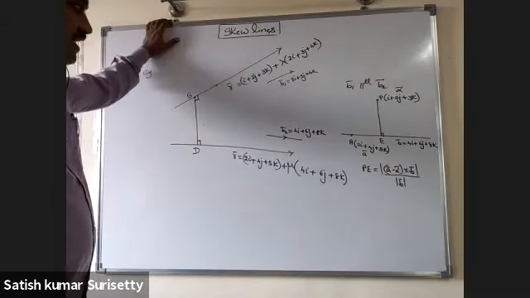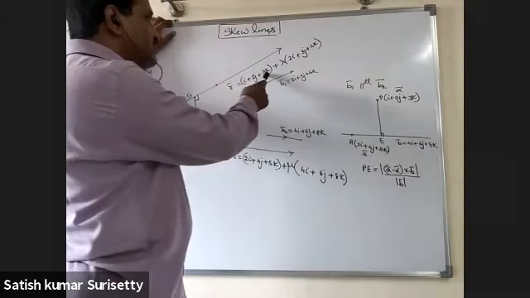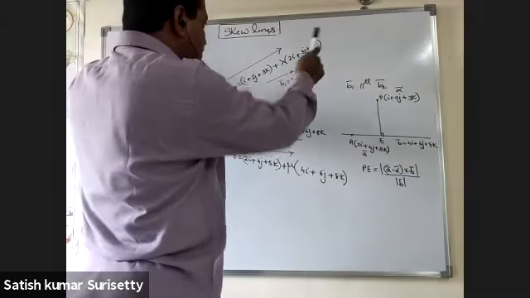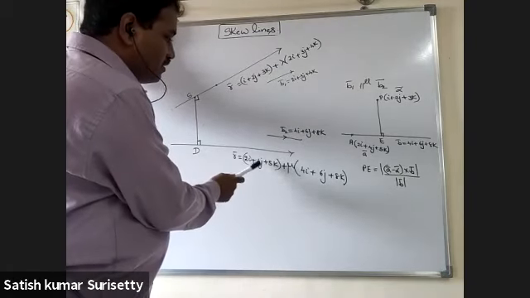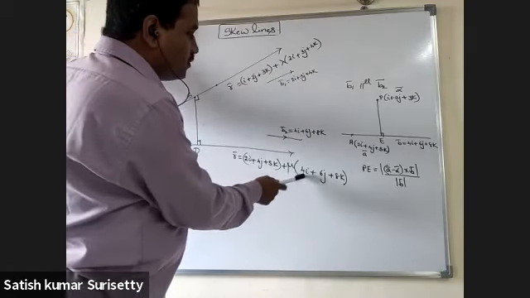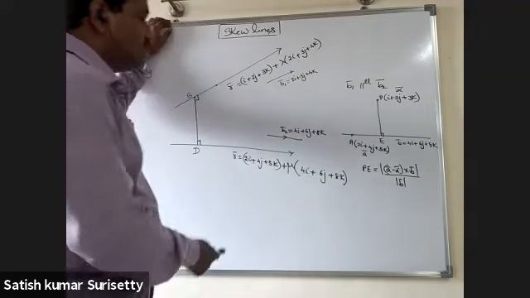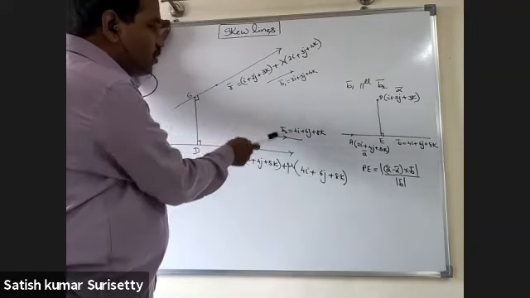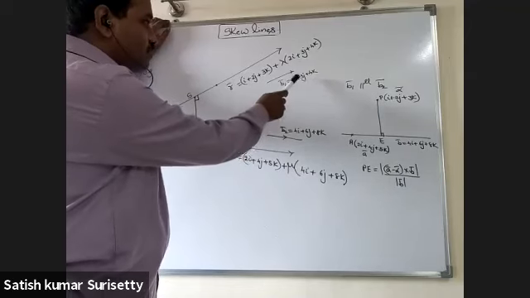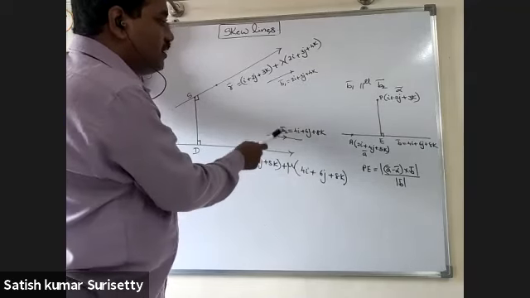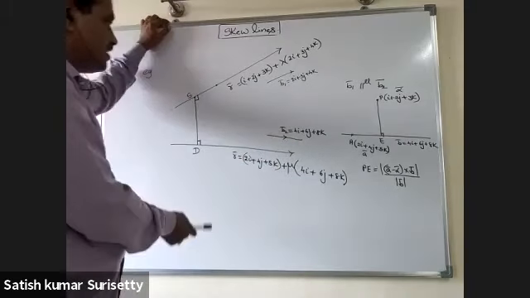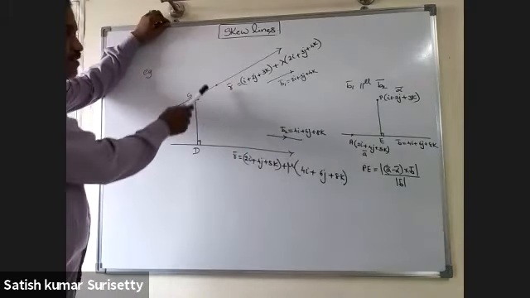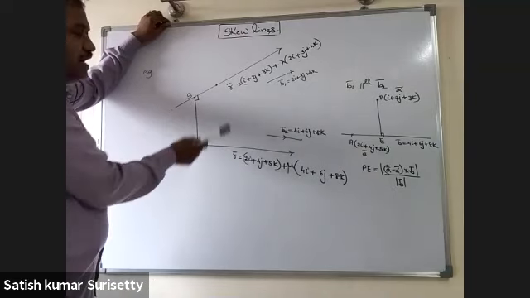So if you observe the lines R bar equal to i plus 2j plus 3k plus lambda times (2i plus 3j plus 4k), and another line R bar equal to 2i plus 4j plus 5k plus mu into (4i plus 6j plus 8k). So here B1 bar and B2 bar are parallel. B1 bar is 2i plus 3j plus 4k and B2 bar is 4i plus 6j plus 8k. Because they are parallel, the shortest distance between the lines will be the same as the distance between the parallel lines.